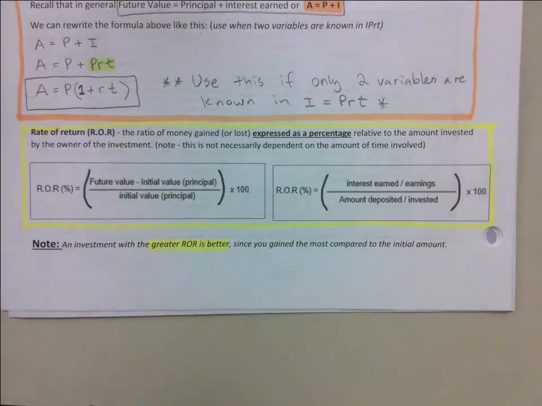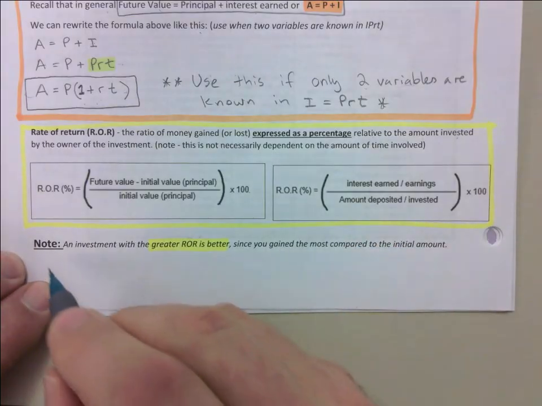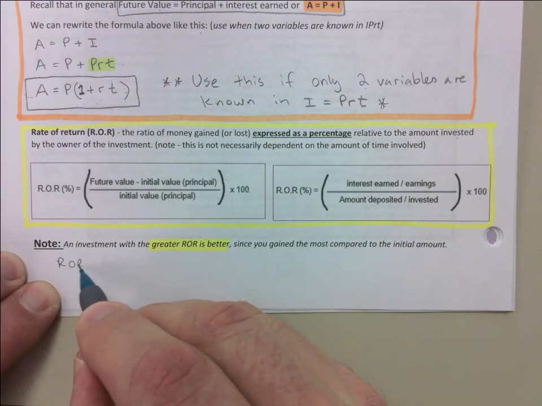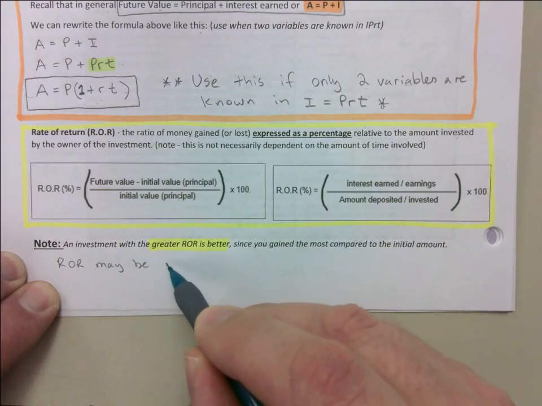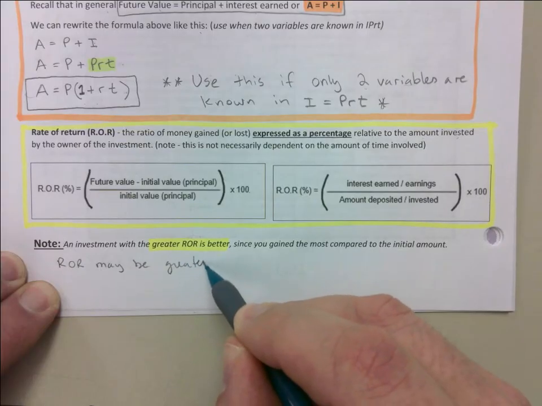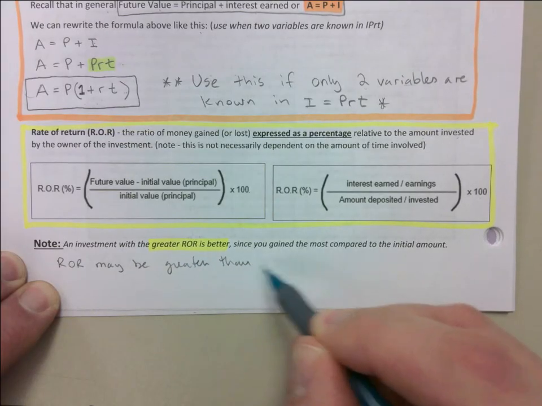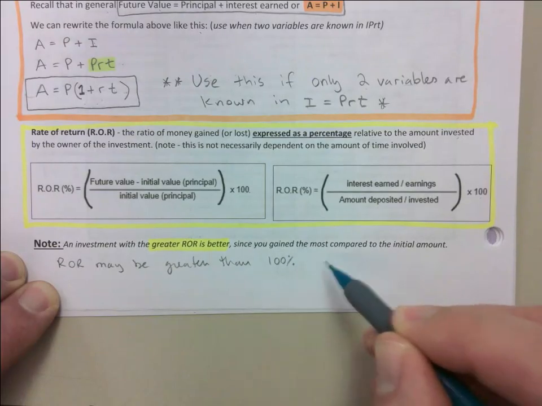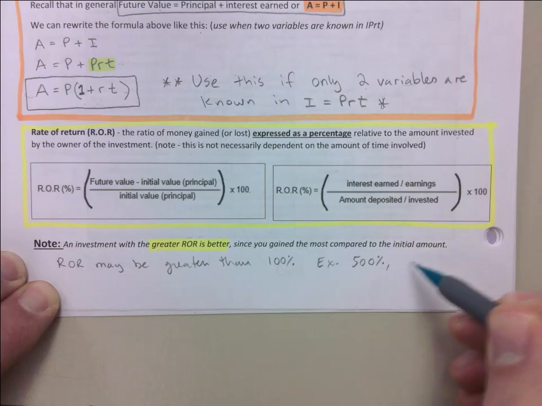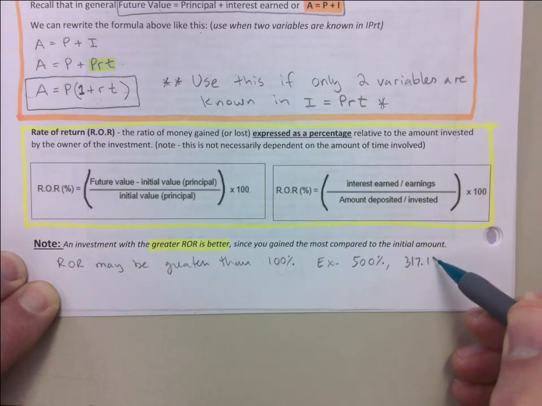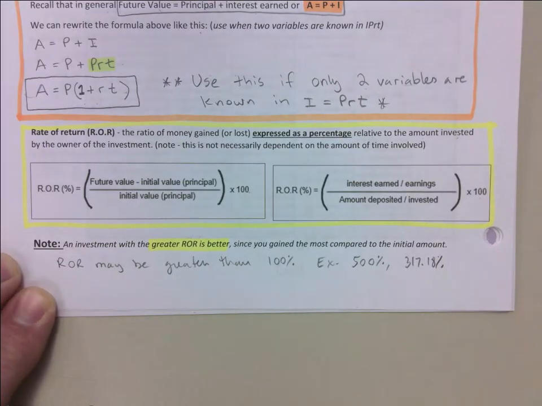At the bottom of 9, rate of return may be greater than 100%. For example, you could have 500%, 317.18%. It could be a big number.